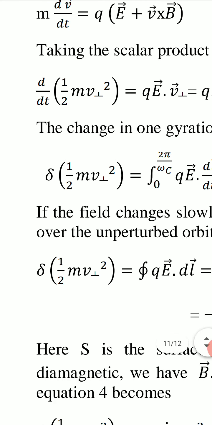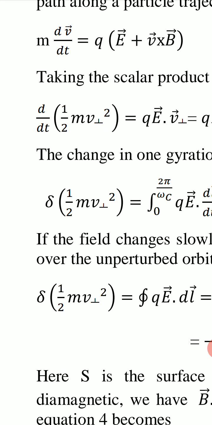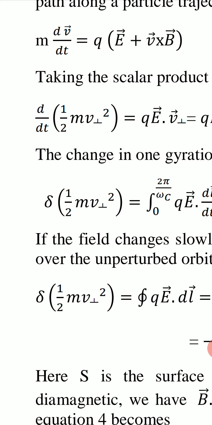If we differentiate half m v perpendicular square, and v perpendicular square we write as v perpendicular vector dot v perpendicular vector, then this differentiation will give the term m dv upon dt. d upon dt of v perpendicular square is d upon dt of v perpendicular vector dot v perpendicular vector, and using first function times differentiation of second plus second times differentiation of first, it will give v perpendicular dot dv perpendicular upon dt plus dv perpendicular upon dt dot v perpendicular, which is equal to 2 times dv perpendicular vector upon dt dot v perpendicular.